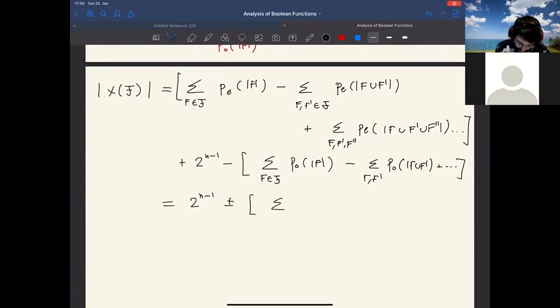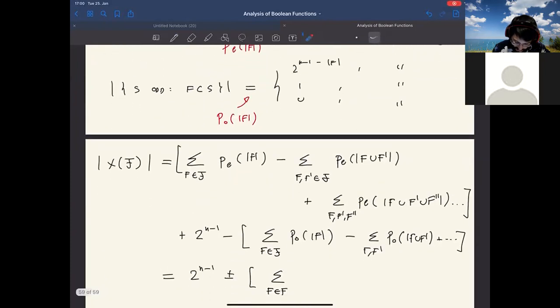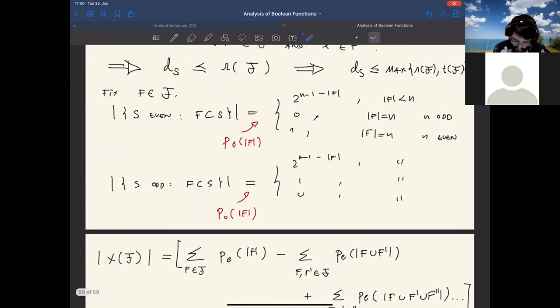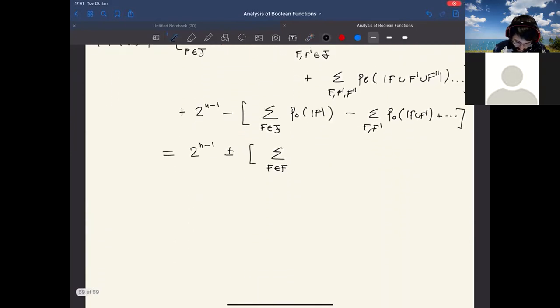Note that if I subtract these two functions, the only difference is that I get a +1 if n is even, and a -1 if n is odd. That's where this plus or minus comes from.